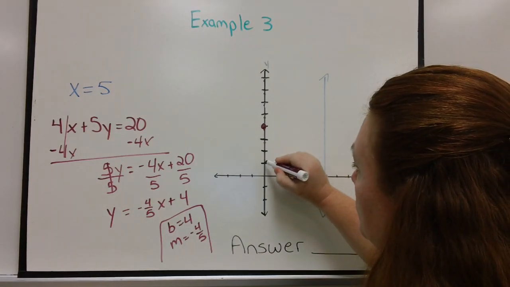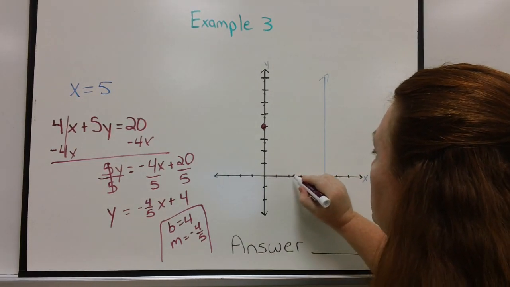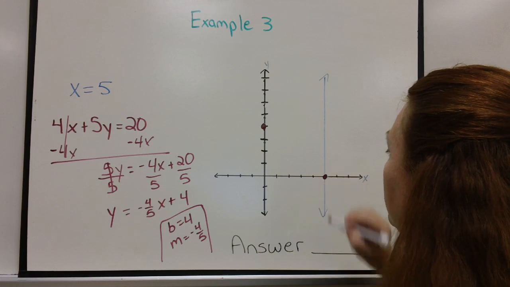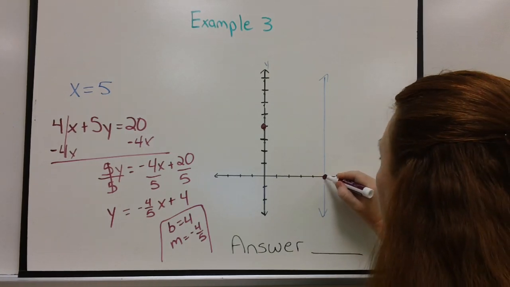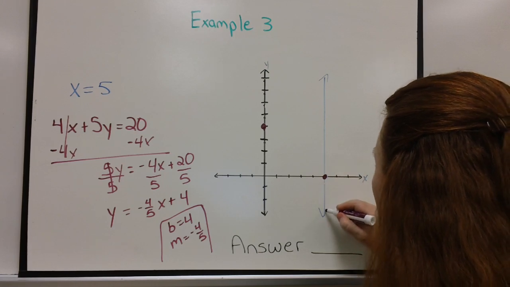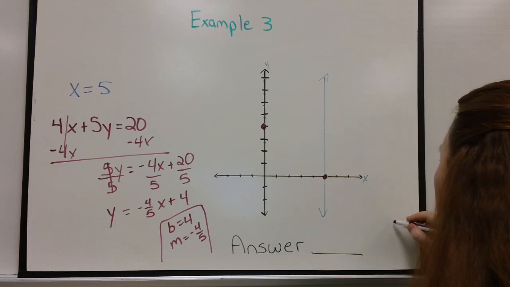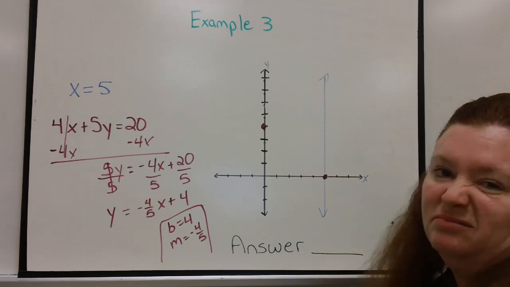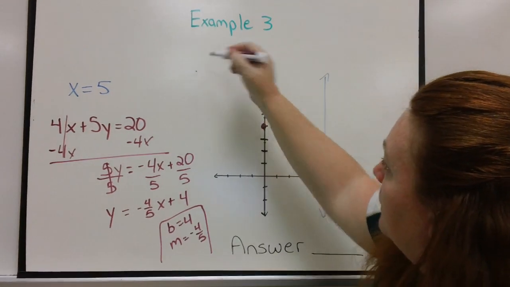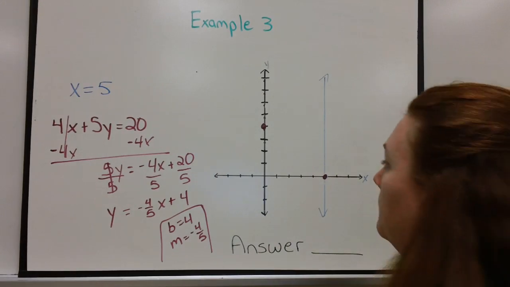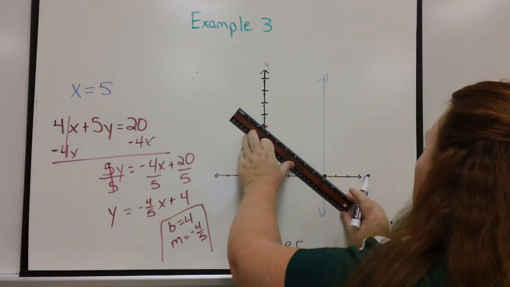Down 1, 2, 3, 4, over 1, 2, 3, 4, 5. Oh, looky there. I could do this again. I'll go a little bit off. Down 1, 2, 3, 4, and over 5 would probably be about here-ish. I could go up 1, 2, 3, 4, and over 5. Might be over there somewhat. Let's connect the dots.